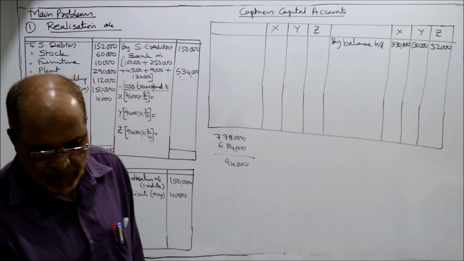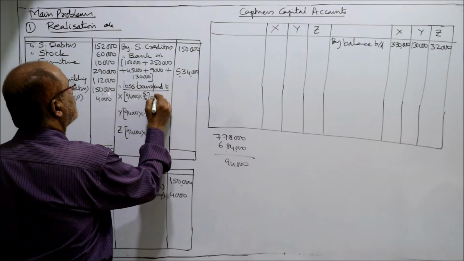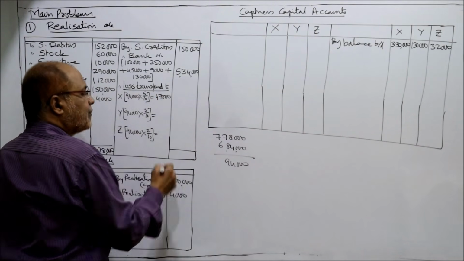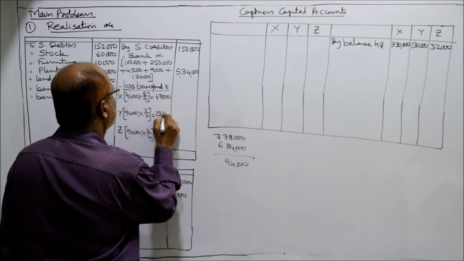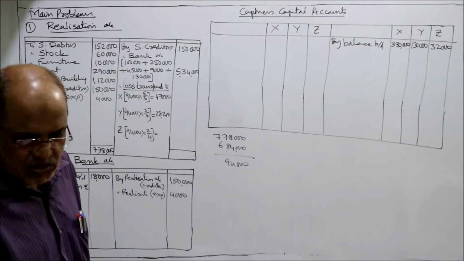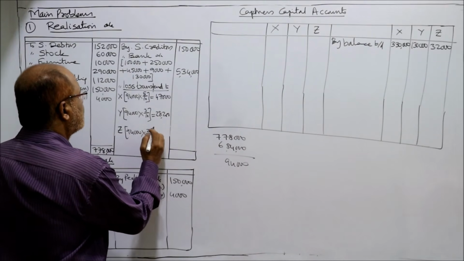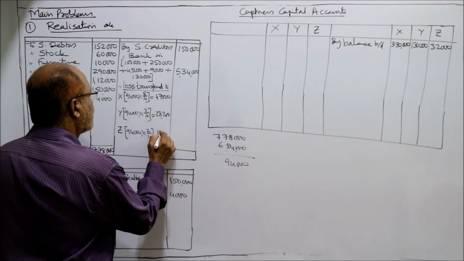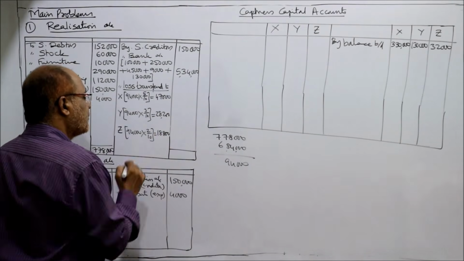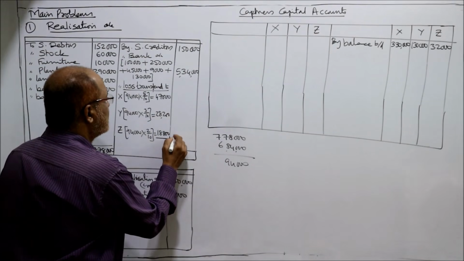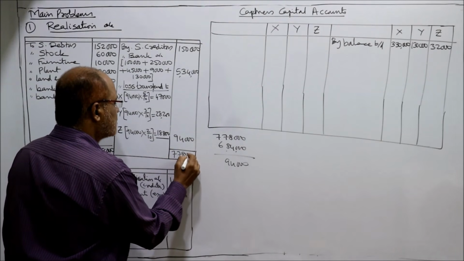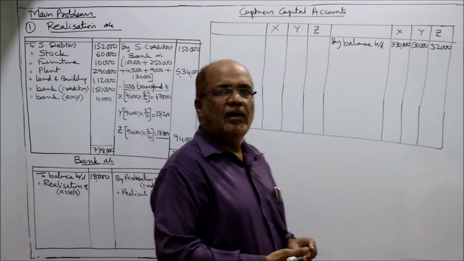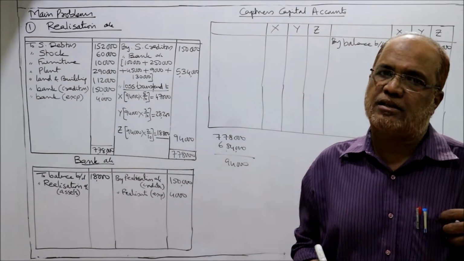So it comes to 47,000. Then second one 28,200. And last one is 18,800. That's it. The total of this is 94,000. 7,78,000. The realization account is completed.